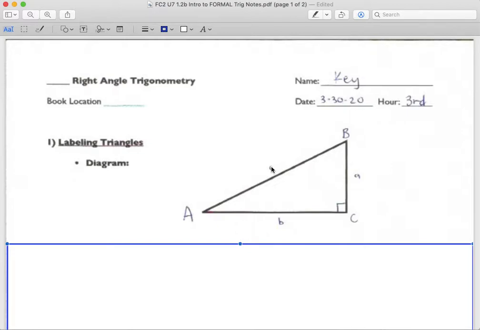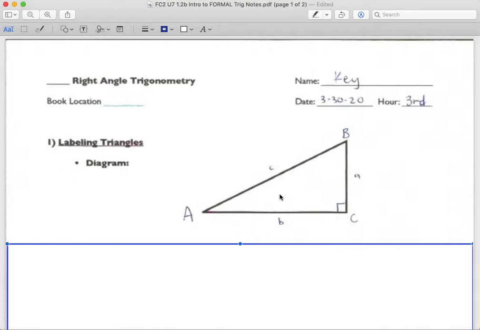We need to keep this mindset, because especially with the trig stuff, we're going to be talking about opposite over adjacent, or opposite and hypotenuse, which you reviewed last week. That is super important, but you'll get to points where you might have to label the triangles yourself in order to solve some problems.